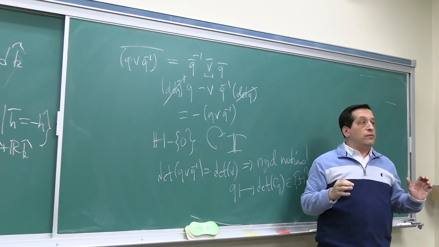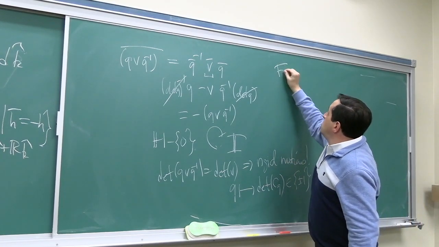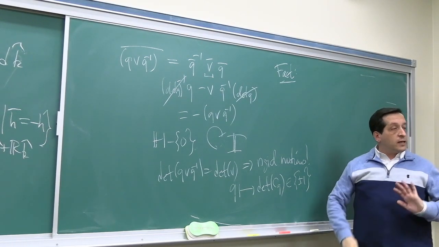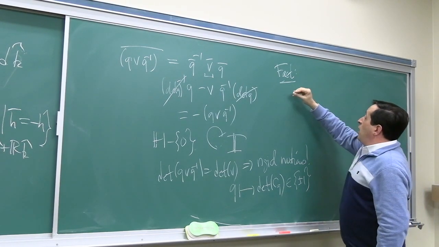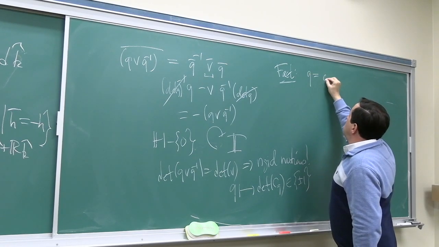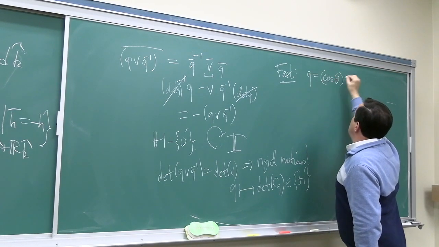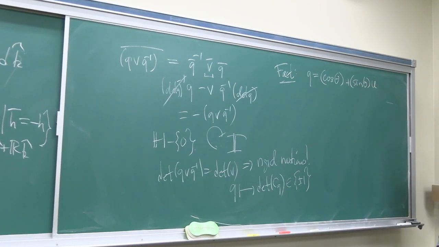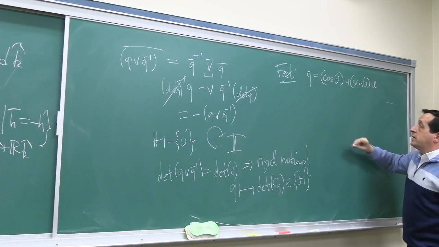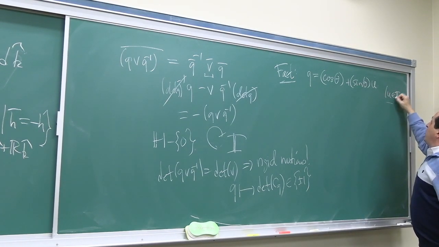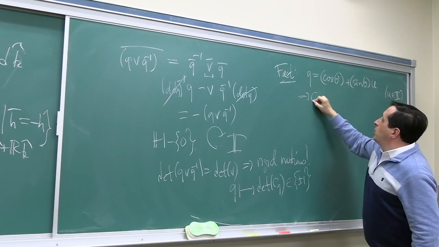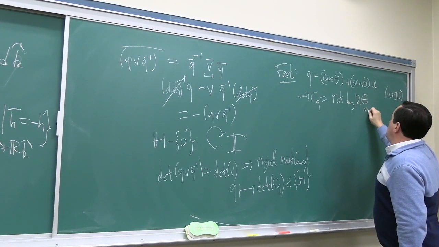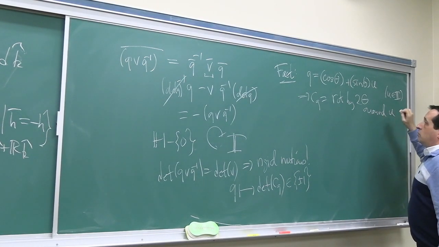Okay? Now what do you get in this way? Now comes a beautiful fact, which has the proof of what I'm about to say in Wikipedia is horrible. There's a much more elegant proof that I don't have time to discuss here. The following fact: if you write your quaternion as cosine theta plus sine theta times u, where u is a pure imaginary, then the conjugation turns out to be rotation by 2 theta around u.